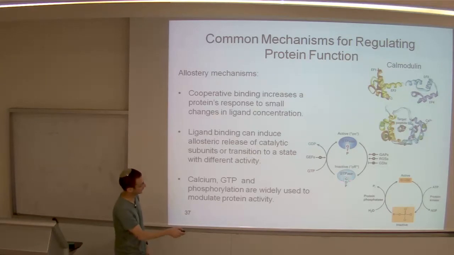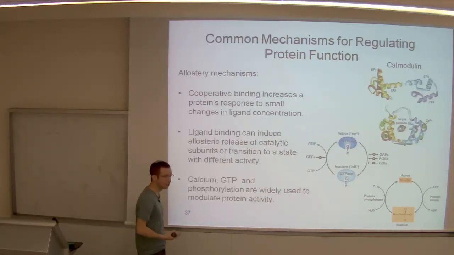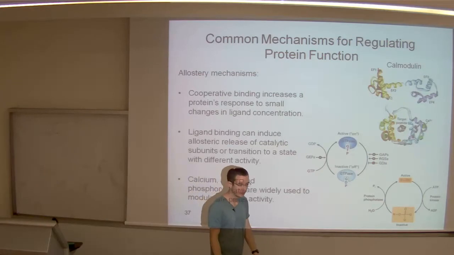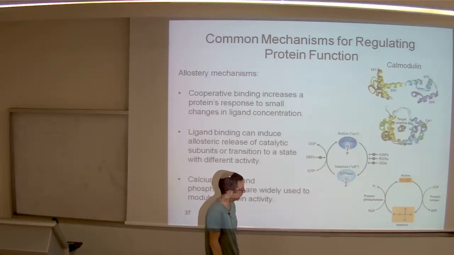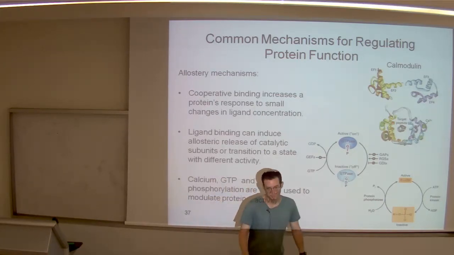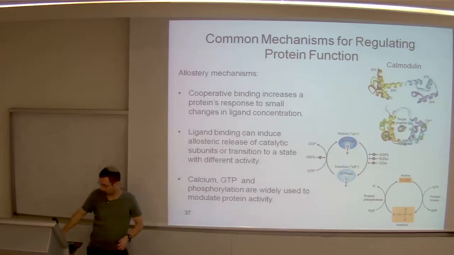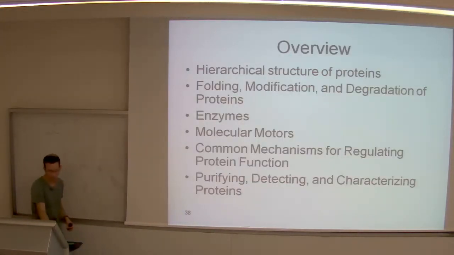So again, for instance, the GTP here or the phosphorylation here will occur outside the active site of the protein, or outside the active site of an enzyme, and would change the tertiary structure of the protein and thereby change its function as well. So these were just a few additional words about common mechanisms of regulating protein function.